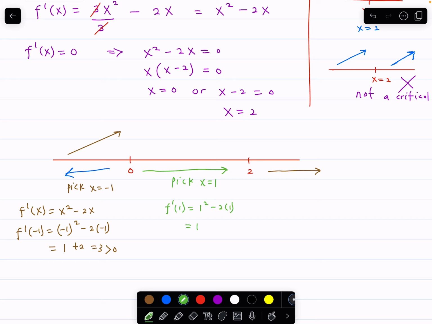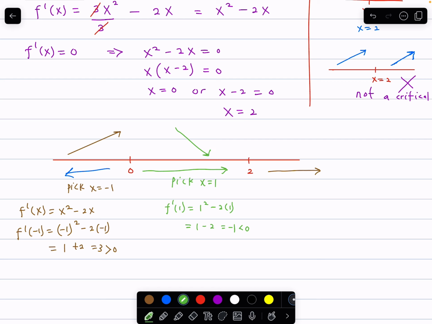And this is going to be 1 minus 2. This is -1. -1 is less than 0. Okay. So since -1 is less than 0, then f prime of x is less than 0 in that interval. So I'm going to draw this arrow, right?